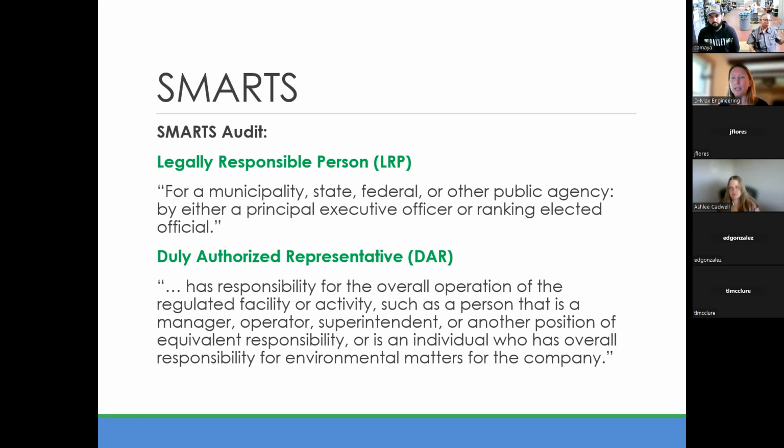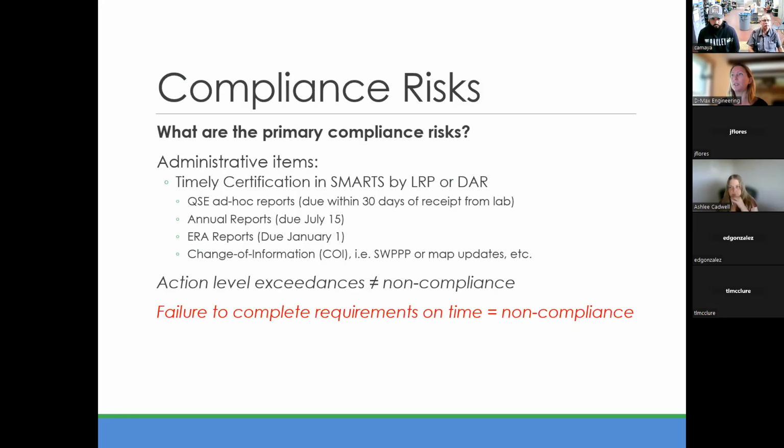If you just need to have a second person that's able to sign reports and certify, then that would be a duly authorized representative. Make sure that that person's ranking also makes sense with this definition. And make sure that we've got at least 2 people in SMARTS with those privileges.